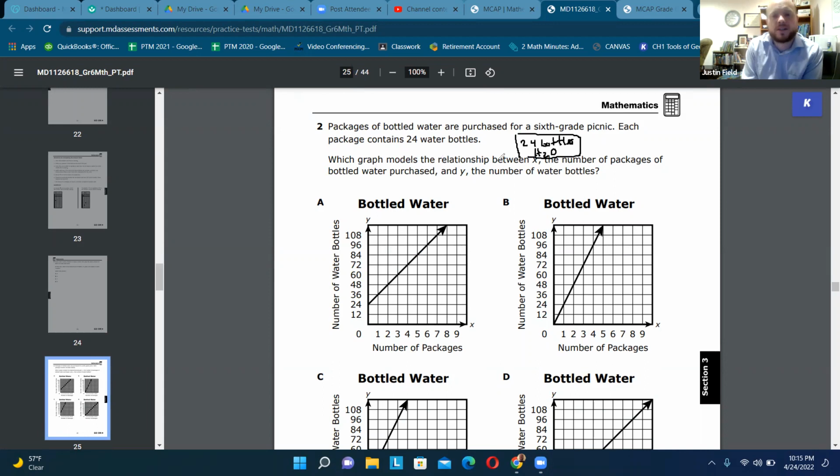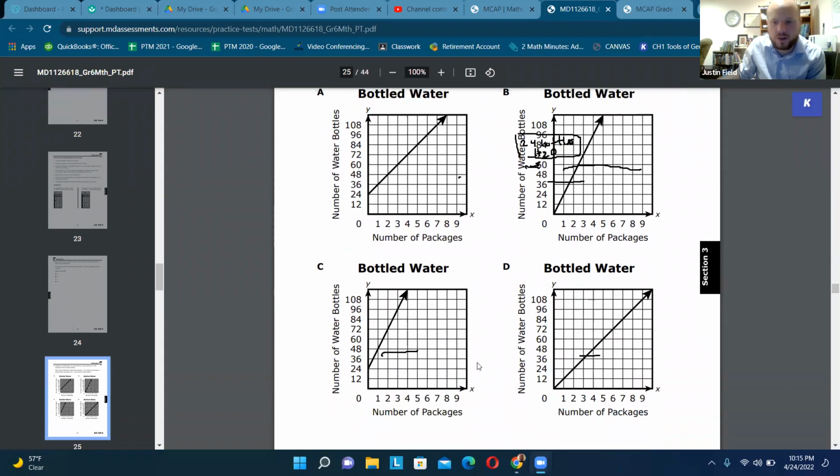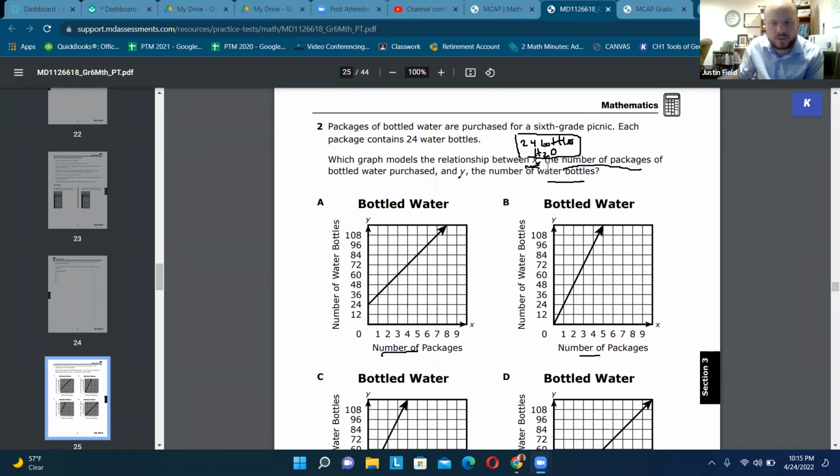Which graph models the relationship between X, the number of packages, and Y, the number of bottles of water? Okay, so this is one package, but each package is 24. X is the number of packages, so we want to see that on the X-axis. Do I see that on all my X-axes? Okay, so it's not the labels that are wrong. So that's good.